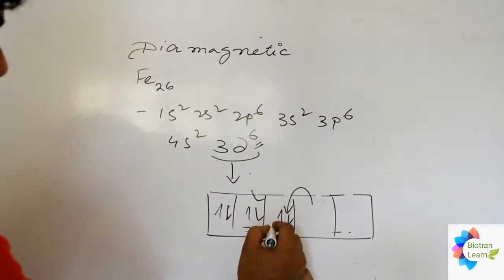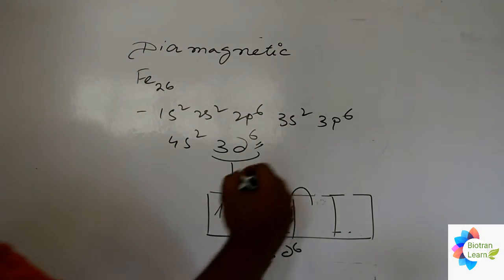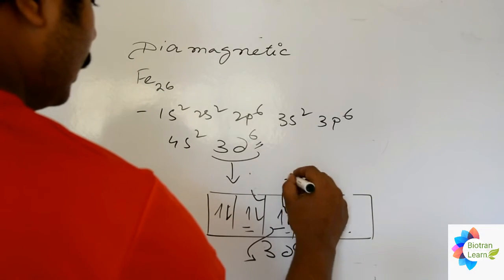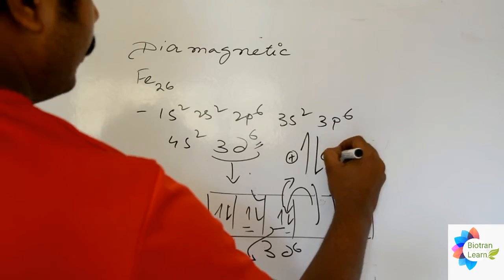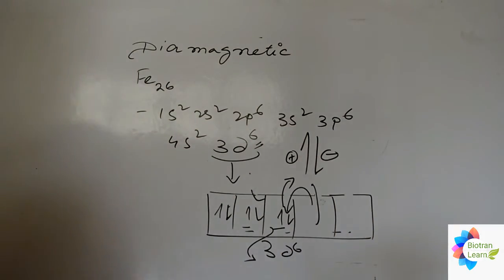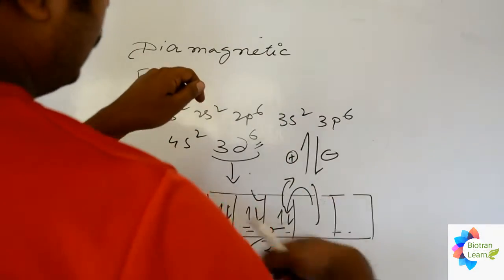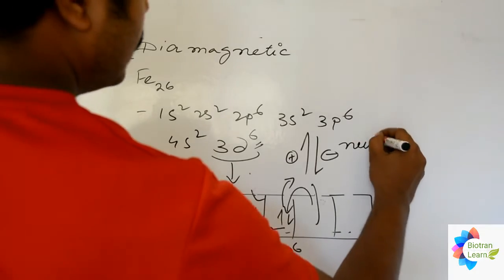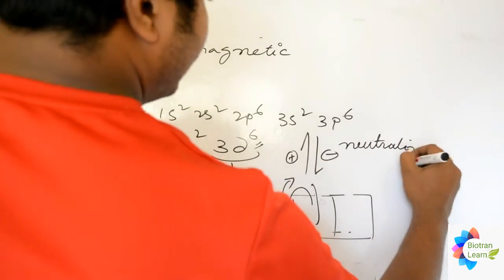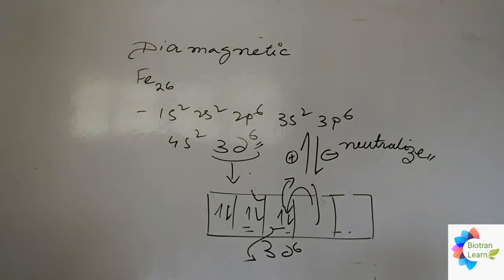In here, if we take this particular orbital, what would happen? The positive rotation of the electron and the negative rotation of the electron, one is in this direction and another one is in this direction. So these two will neutralize the effect of magnetism.